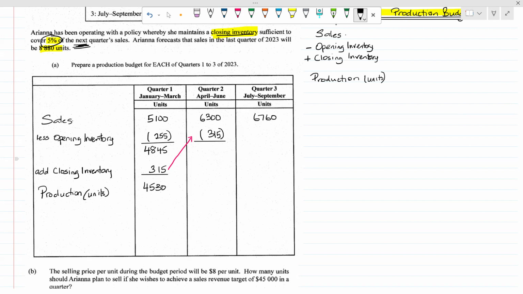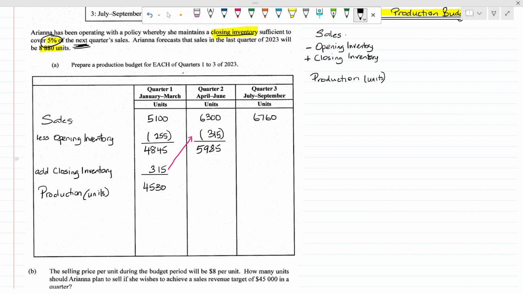So I want to sell 6,300 and I already have 315 on hand. So 6,300 minus 315 means that I need to make 5,985. But remember, we want to always have 5% of the following quarter's sale available. So the following quarter, we want to sell 6,760.